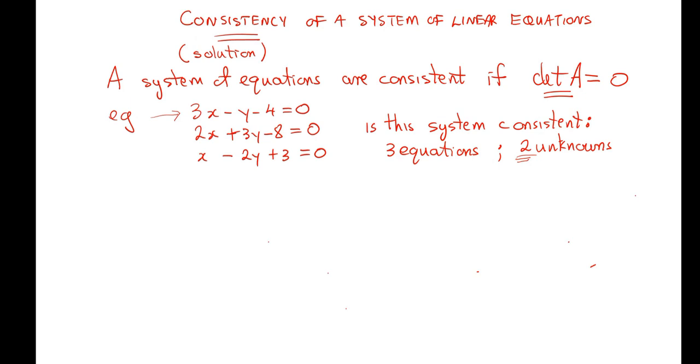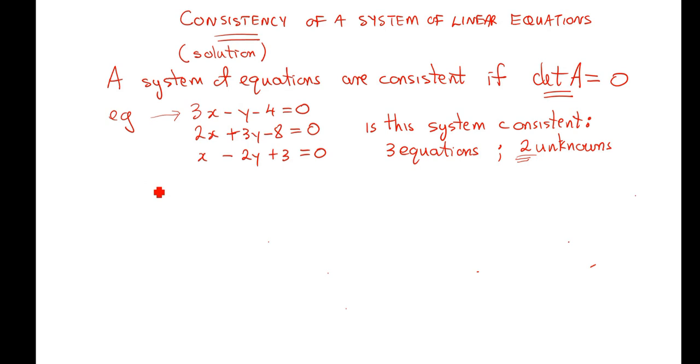But how would I know that the solution I get also satisfies the third equation? In other words, are there values for x and y that satisfy every single one of those equations? How can I check? I can check by finding the determinant of A.